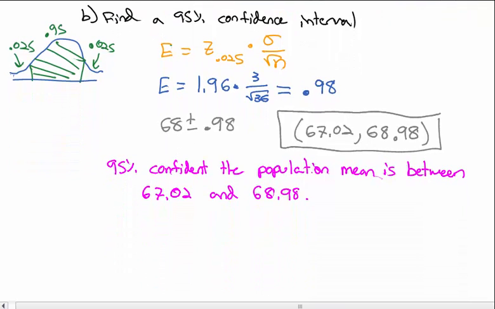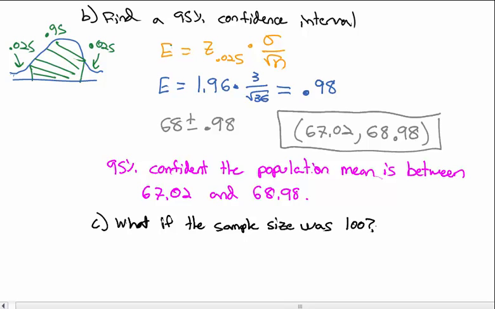How does the sample size affect things? What if instead the sample size was 100? Now find a 90% confidence interval, going back to comparing it.